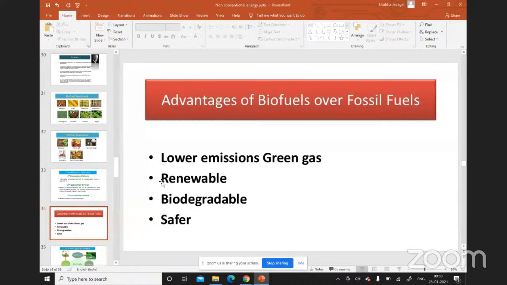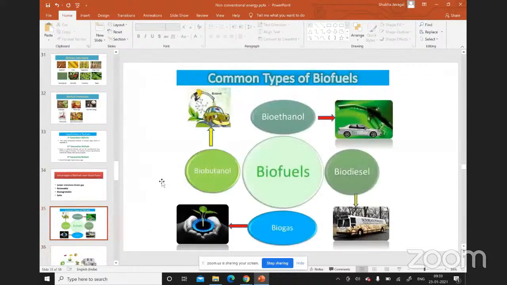So the management of the waste materials becomes very easy, and compared to other energy resources like nuclear, these are comparatively much safer. So these are the major advantages of biofuels.